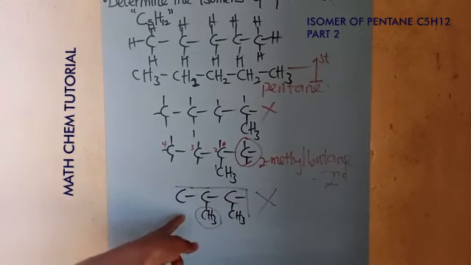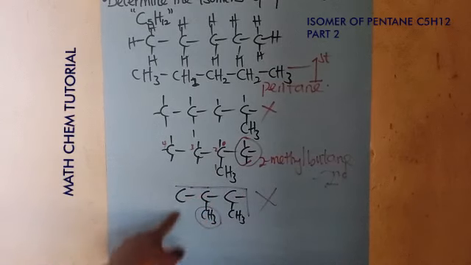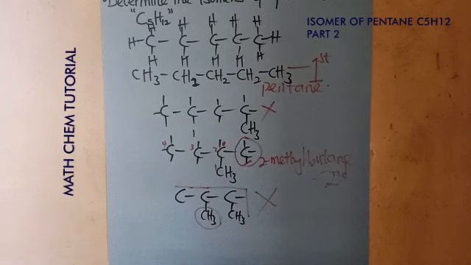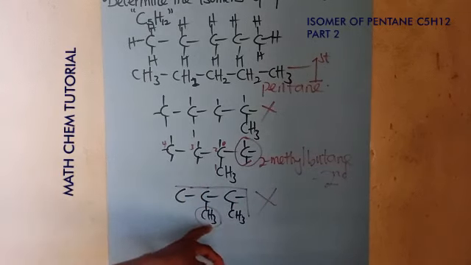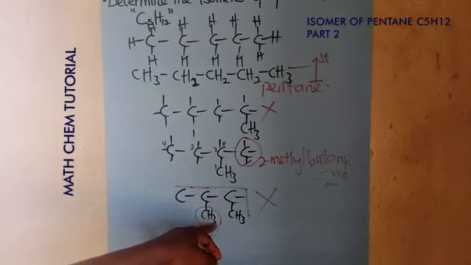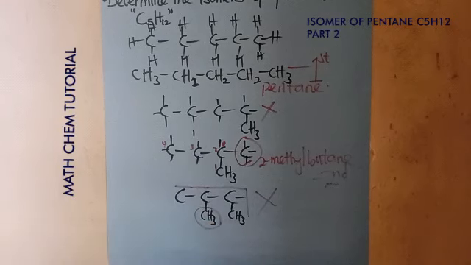So if I put it here and want to name it, the chain will be 1, 2, 3, 4. Can you see that now? So this one will still stay as the substituent, and that is still 2-methyl-butane. I hope you are following the procedure.